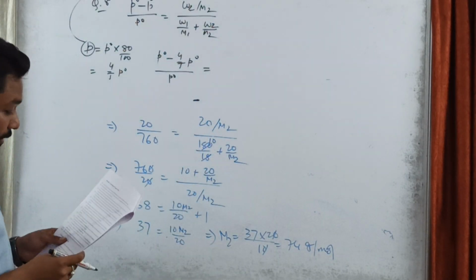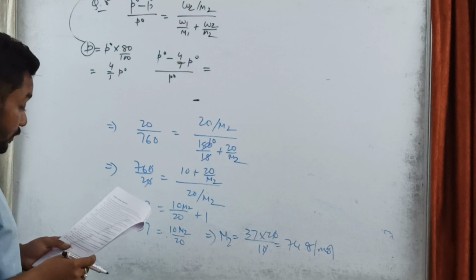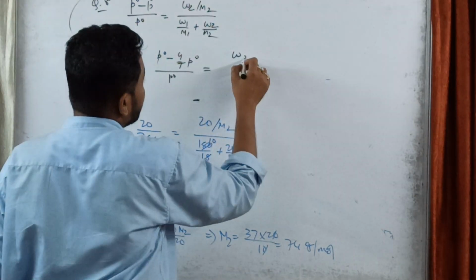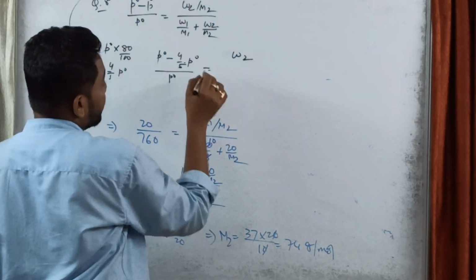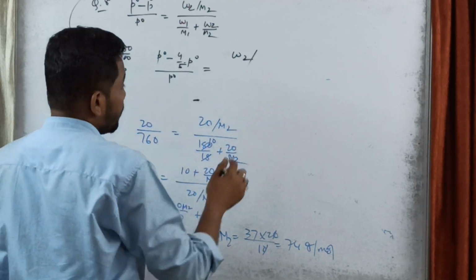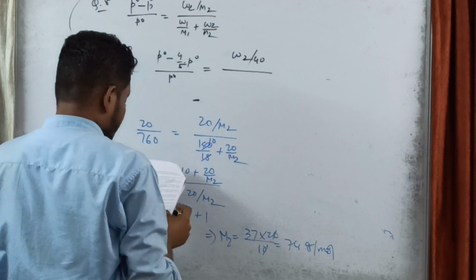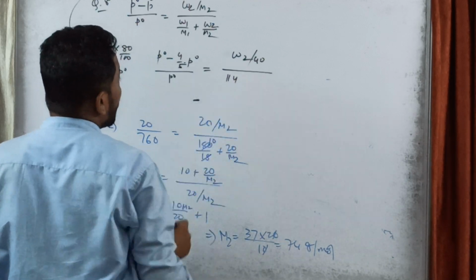W2 is the weight of the solute, which you need to calculate. So this is 4 by 5, W2 by M2, molar mass given 40, divided by W1. W1 is 114 gram of octane.